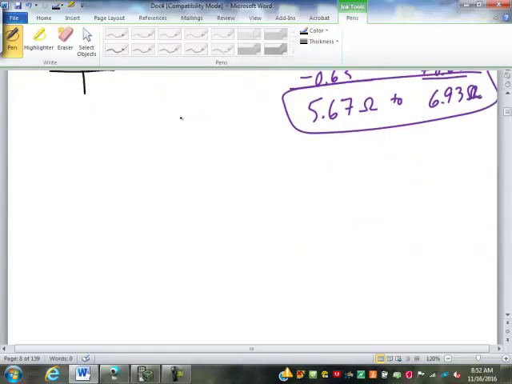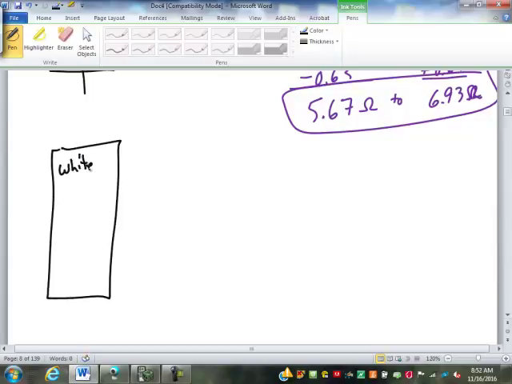So in your notes, if I give you white, green, red, and gold, find the range.